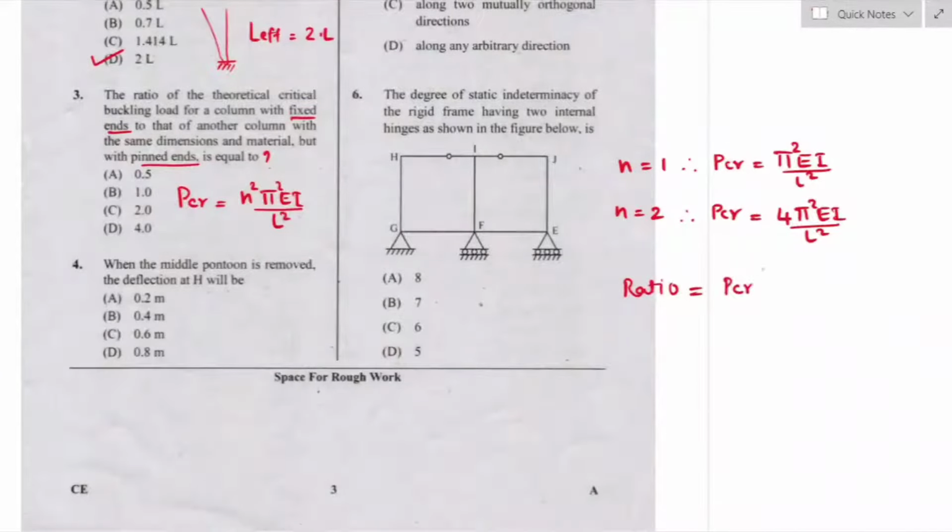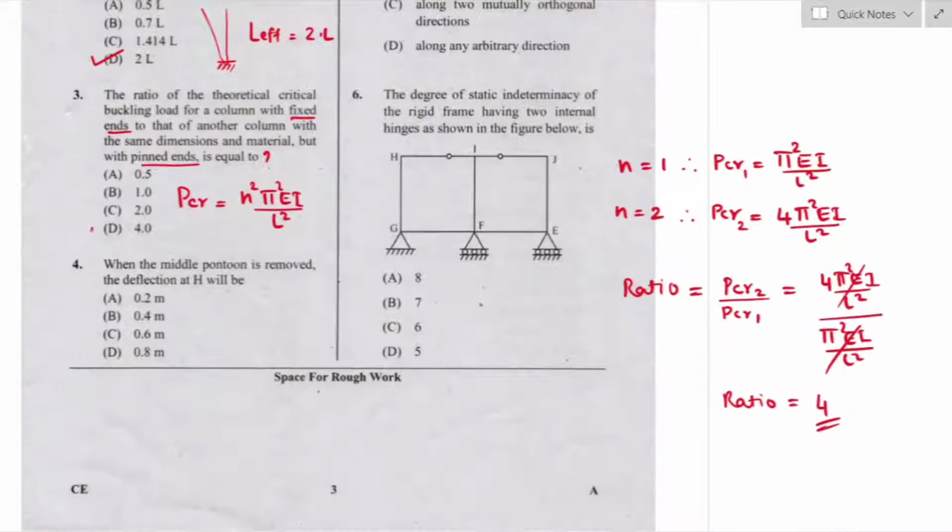Let us assume this as PCR1, this as PCR2. So PCR2 divided by PCR1 is equal to 4 pi square EI by L square divided by pi square EI by L square. So the required ratio is 4. So the right answer will be option D, 4.